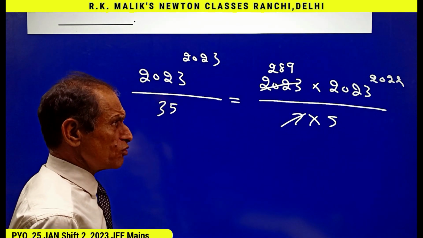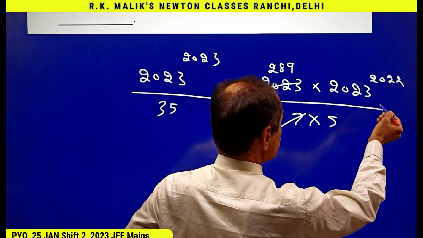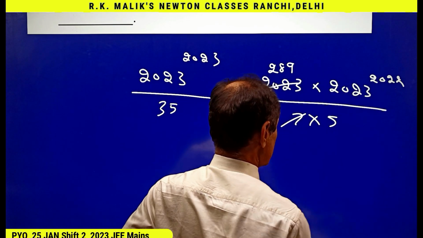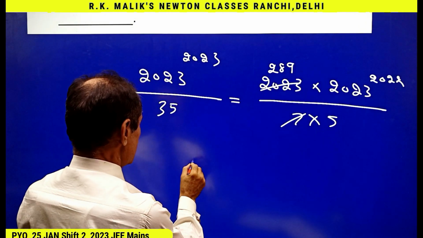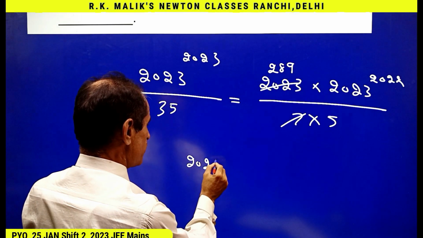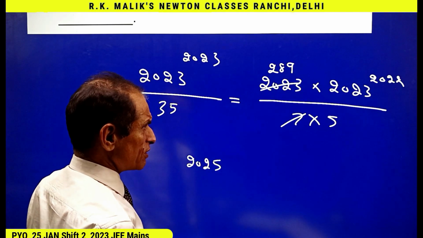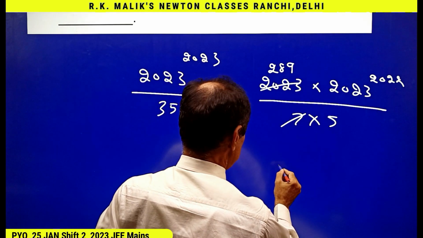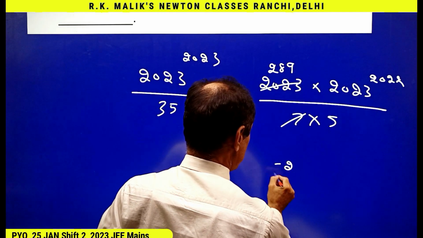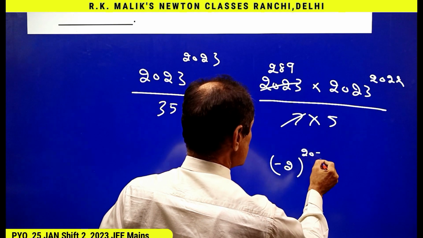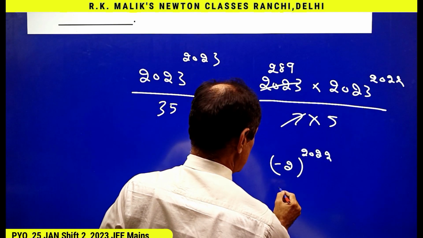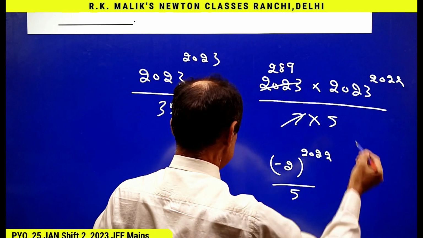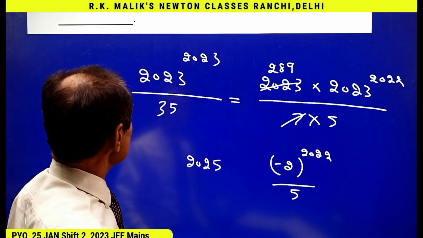As I told you just now, we are always allowed to add or subtract any multiple of 5 from this number. And it is clear that 2025 is a multiple of 5. Therefore, finding remainder in this case or finding remainder in the case of minus 2 to the power 2022 divided by 5, remainder in this case and remainder in this case will be same.